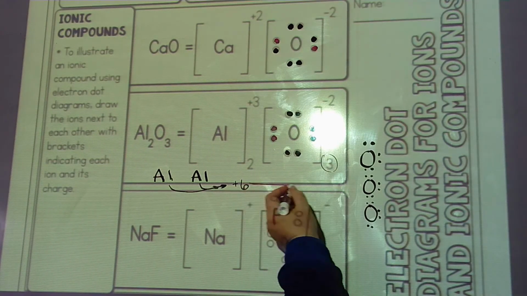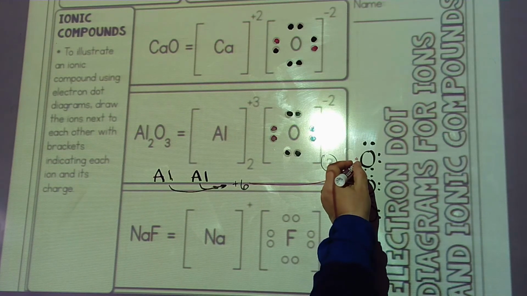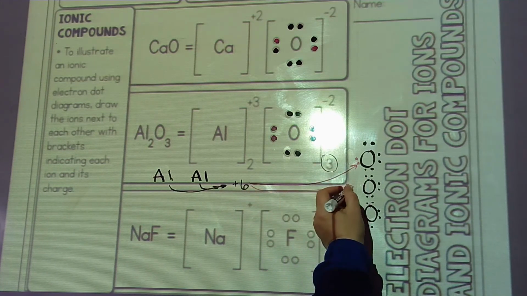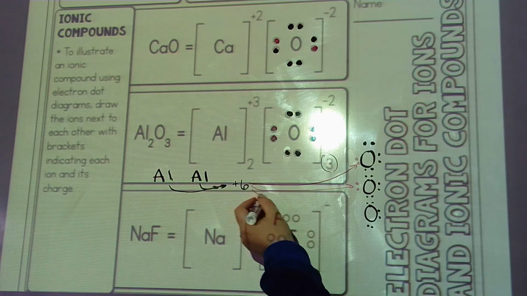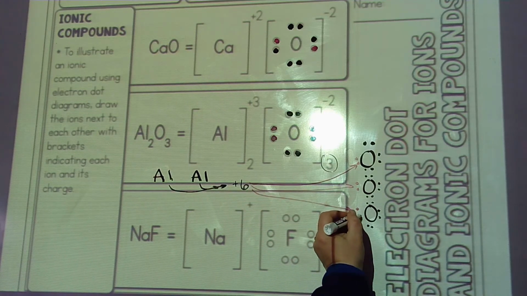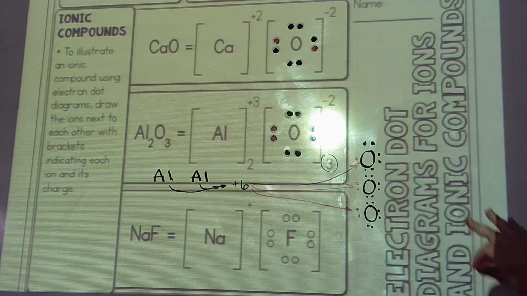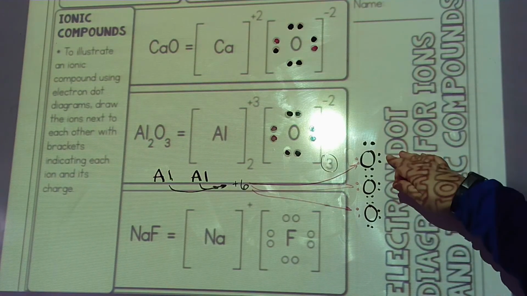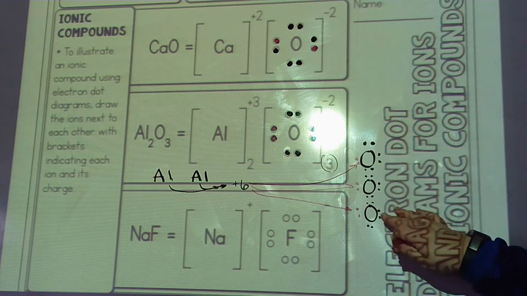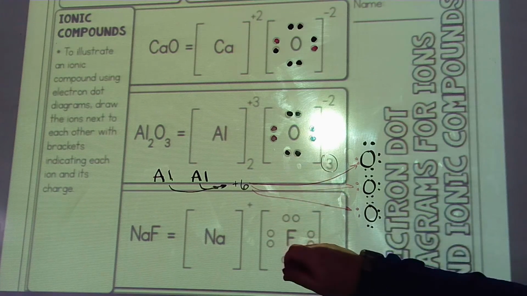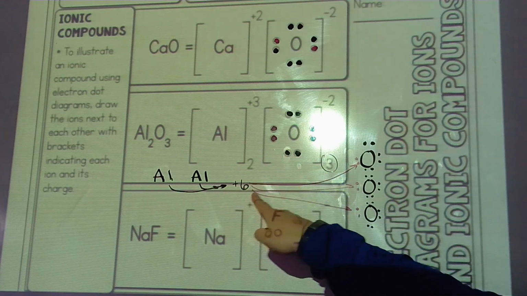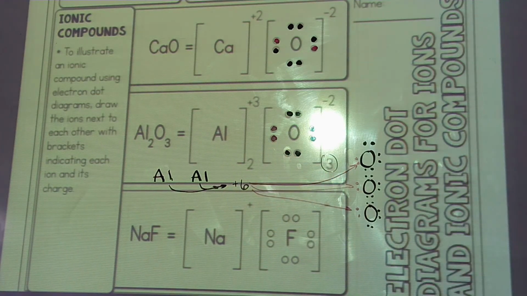Right? So from the 6 that aluminum gives up, 2 of them go here, 2 of them go here, and 2 of them go here. So you end up with 8, 8, 8 around each of the oxygens. 2 from each aluminum to fill those in.